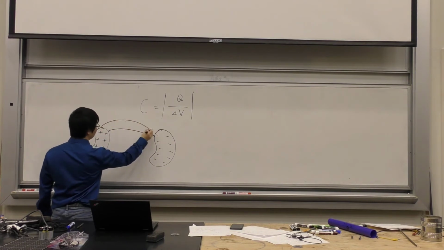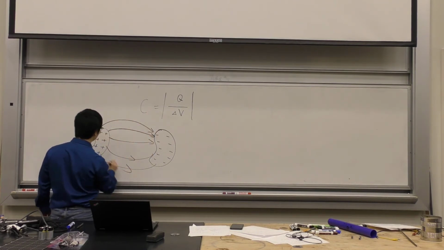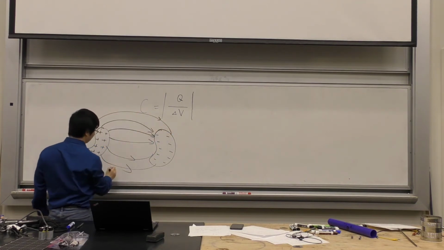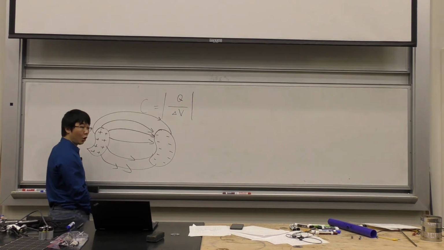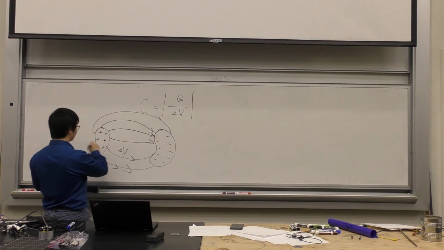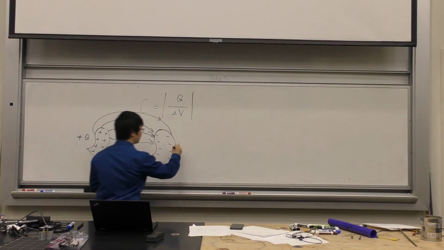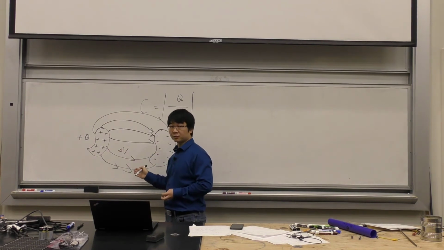In this case it's not going to be uniform. It can be something like this. If there's an electric field, you can always calculate the potential difference between them. It's going to be hard, but theoretically there must be a potential difference between them if you charge them with the same amount of charge.